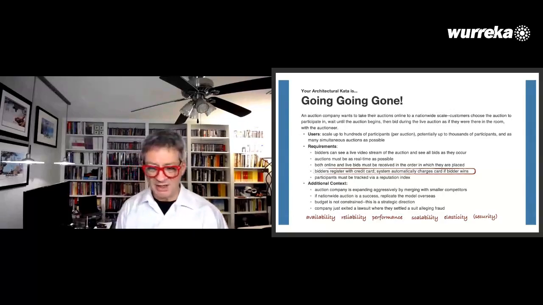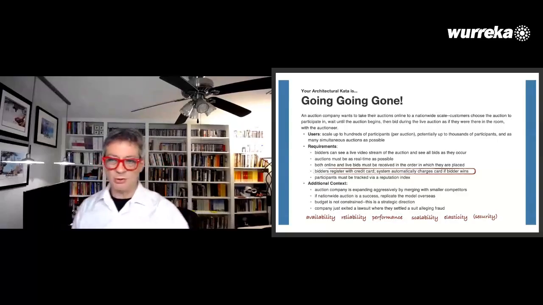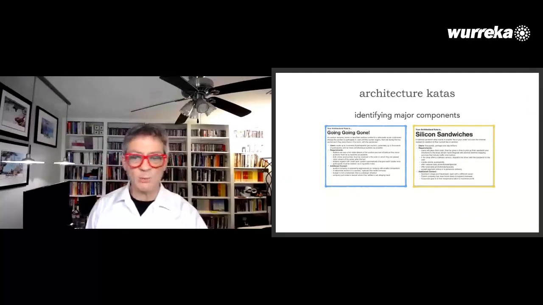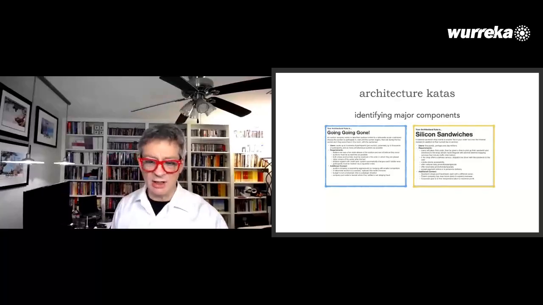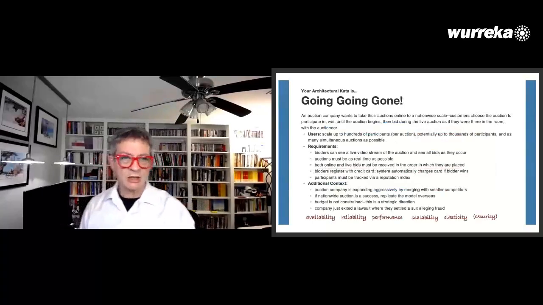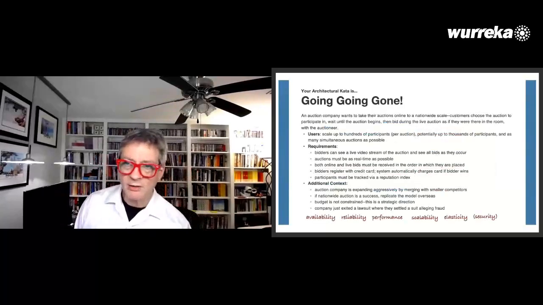So that's the topic of my workshop, which is coming up here shortly. So that looks like a pretty good set of architecture characteristics. So that's what we're going to go for on our first pass.